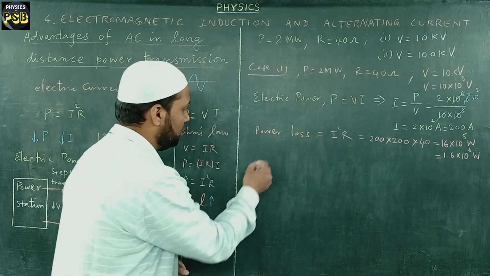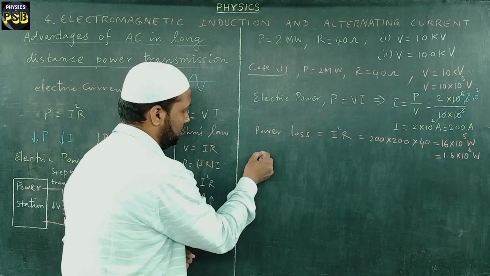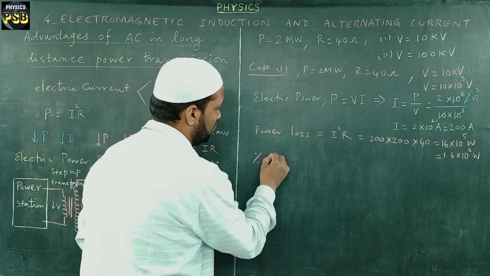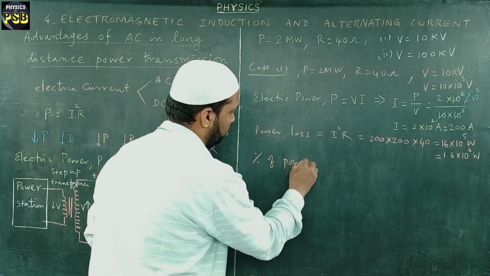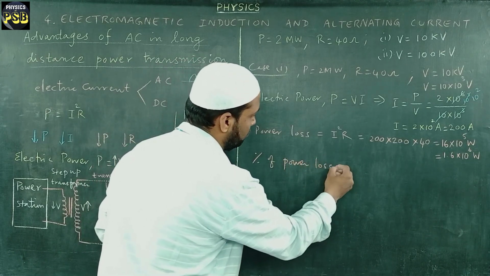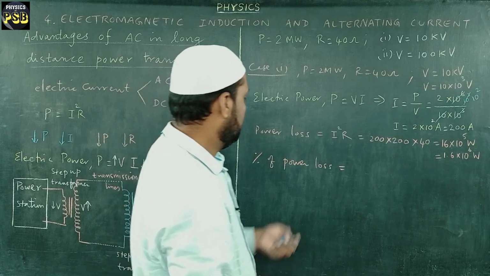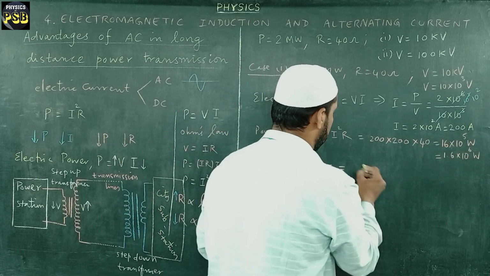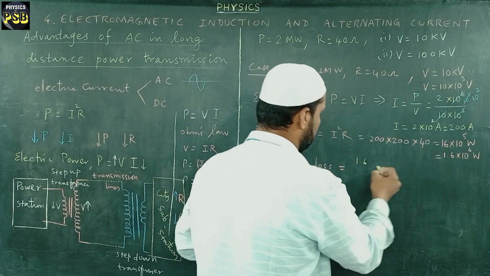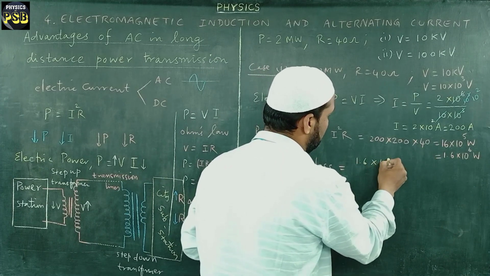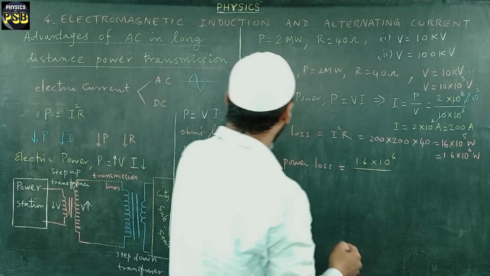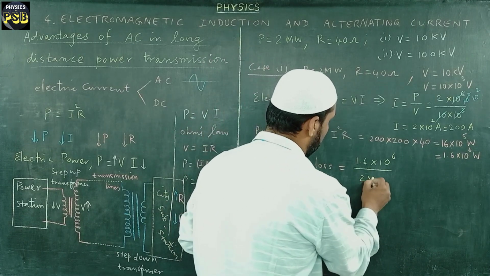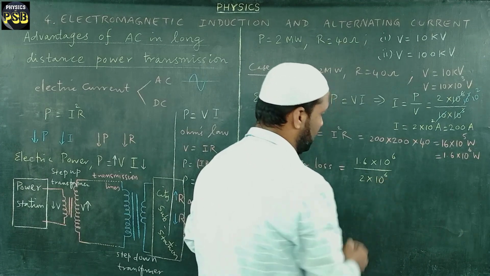Now I'll calculate the percentage of power loss. To calculate the percentage of power loss, I take this term, the power loss, 1.6 into 10 power 6. Then I divide by the total power transmitted, which is 2 megawatt, that's 2 into 10 power 6 watt.